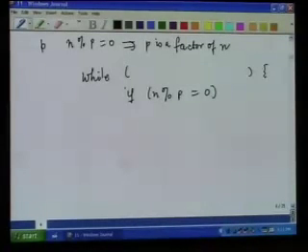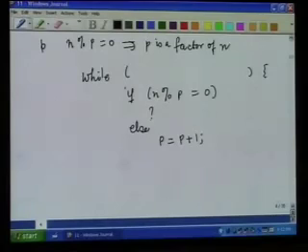If the remainder obtained by dividing n by p is 0, then we know that n is not a prime. Indeed, p is a factor of n, which is other than 1 and n itself. Then we need to do something. Then we need to in fact stop the loop. Otherwise, we just have to increment p by p plus 1. I have put a question mark here because we don't really know what we need to write here.